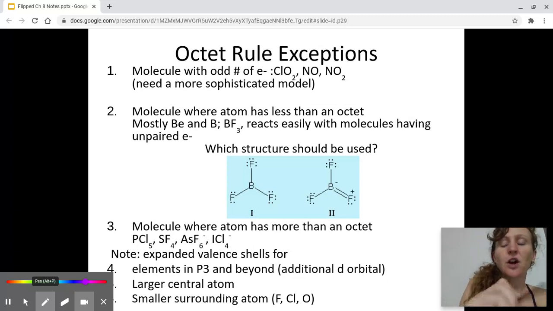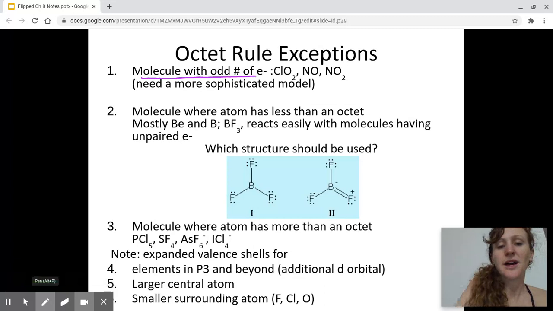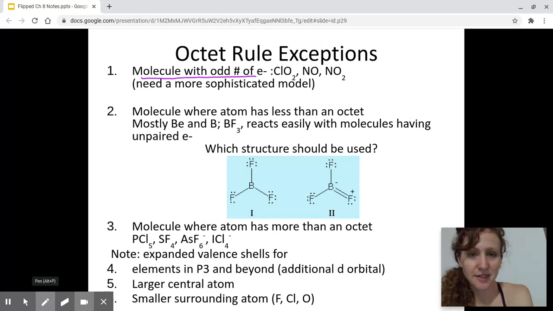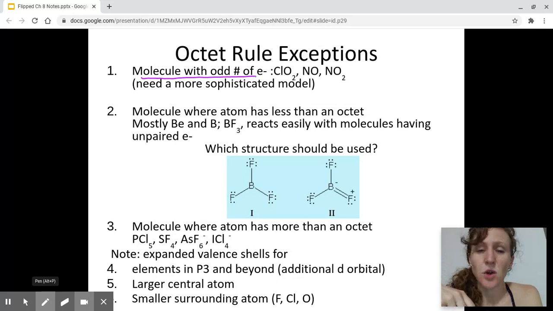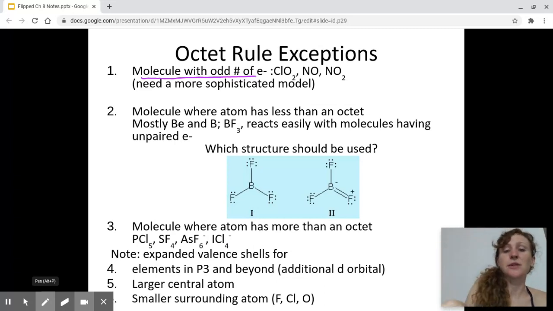I guess there's exceptions where the model has an odd number of electrons. That is possible. You really need a more sophisticated model in order to deal with this, which is why that exception didn't even pop into my head when I saw the word exception, because it really doesn't show up on the AP test. So fair warning, it does exist. You can see some examples here.